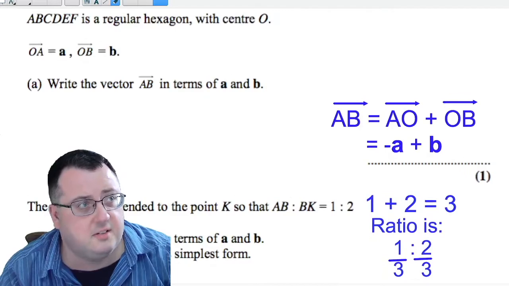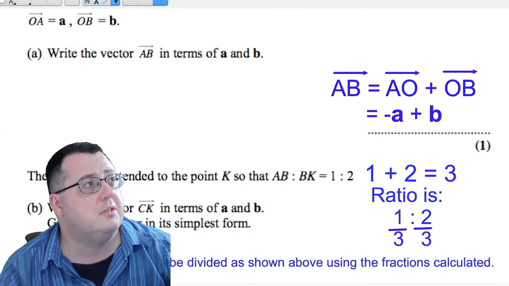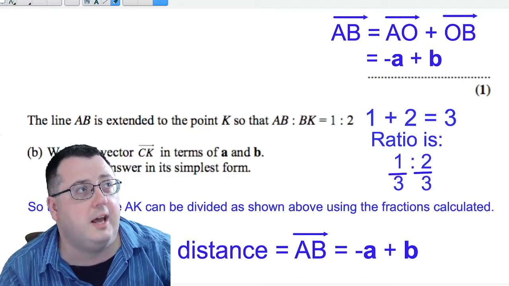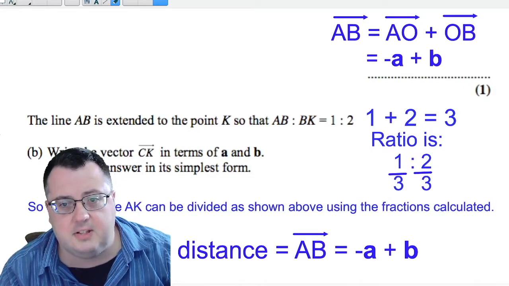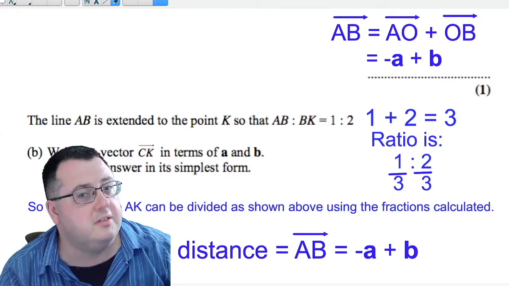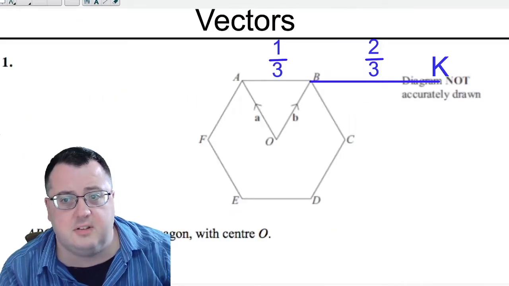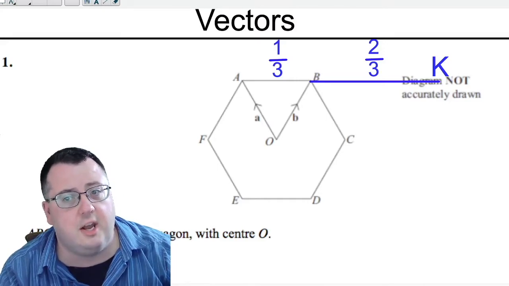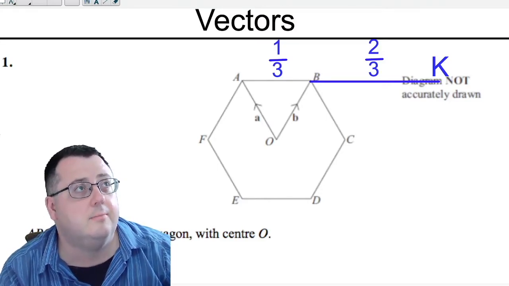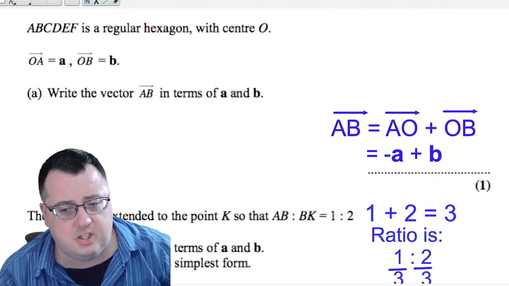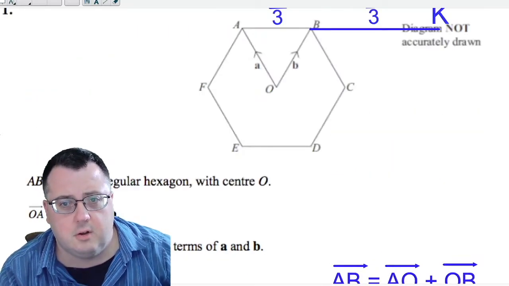Let's look at the next part. The next part says that the line AB is extended to the point K, so that AB to BK is 1 to 2. I've already done this at the top. I've extended the line AB to point K, and they tell us it's in the ratio 1 to 2.